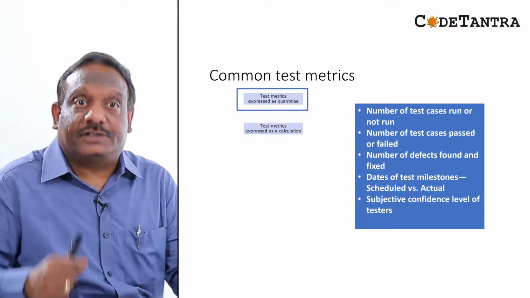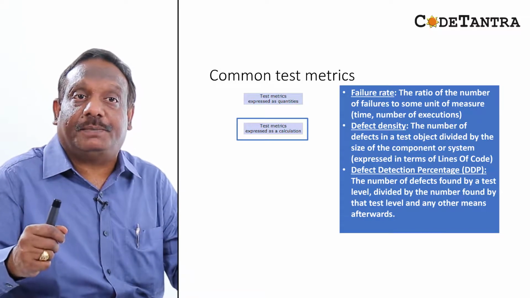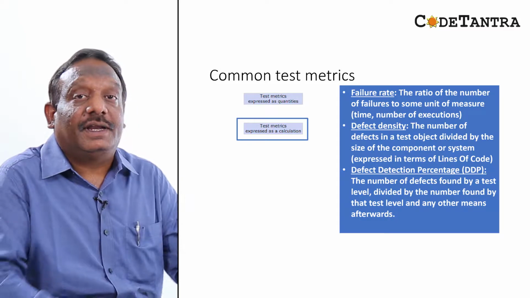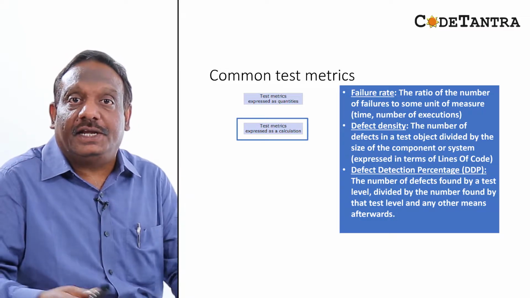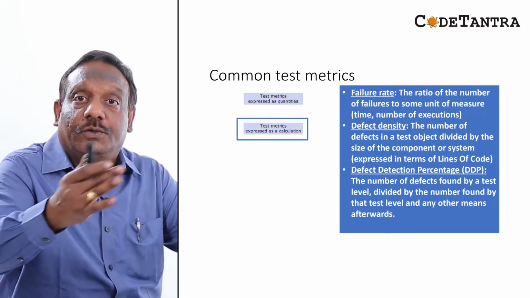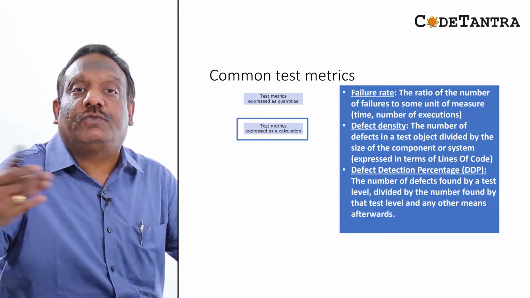We can use these quantities and create another set of test metrics that can be expressed as a calculation. What are the examples? Let's say failure rate, the ratio of the number of failures to some unit of measure. Like you take the number of failures by time, we call it time to find a defect.